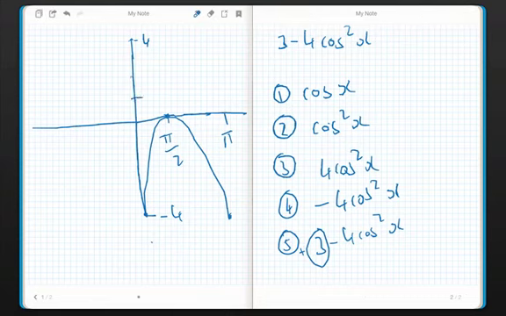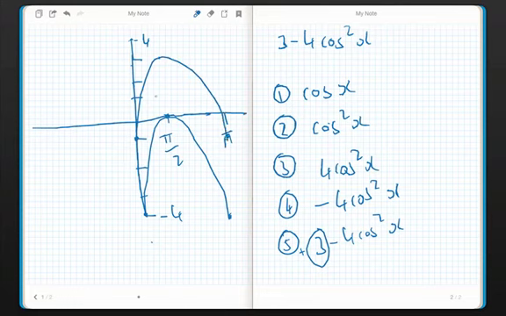So, 1, 2, 3. This point will become 3 at 90, this point will come over here, and this point will come over here. So the final graph will be this.